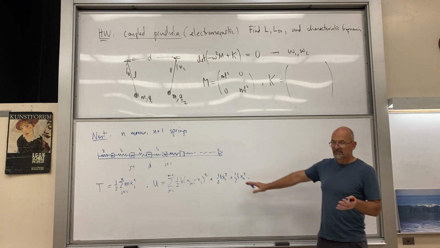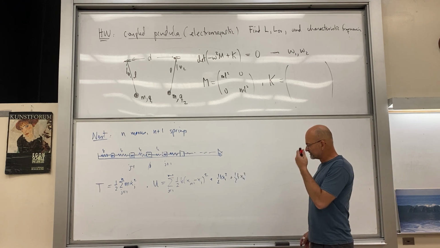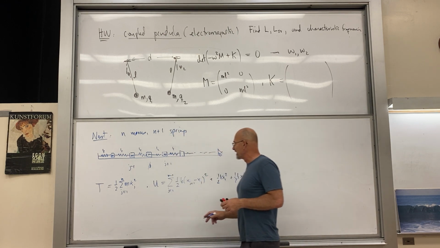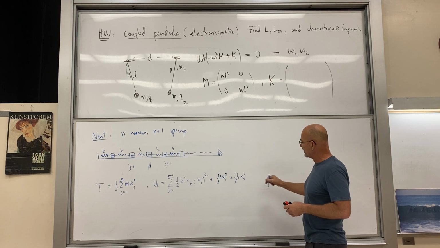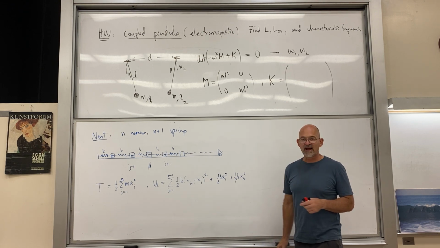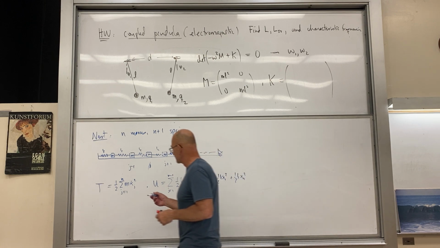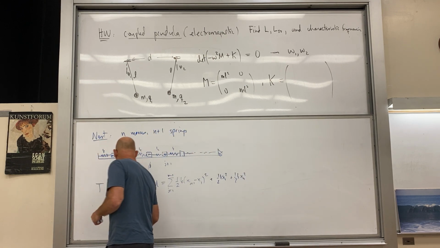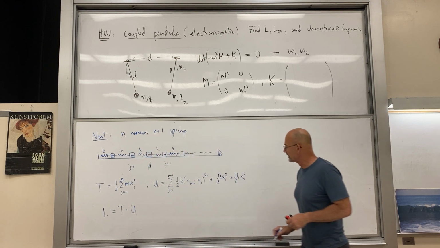So there, we actually have it completely. Identical masses, big chain of them, identical spring constants. So we actually have our Lagrangian here already. So L equals T minus U. Those are independent coordinates.